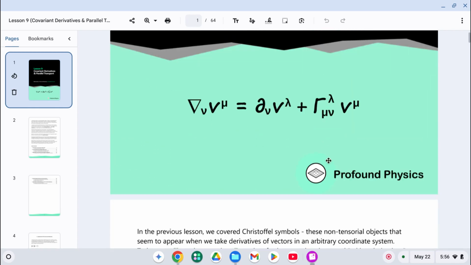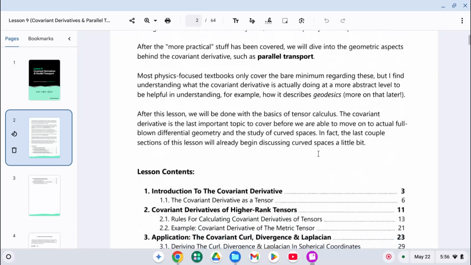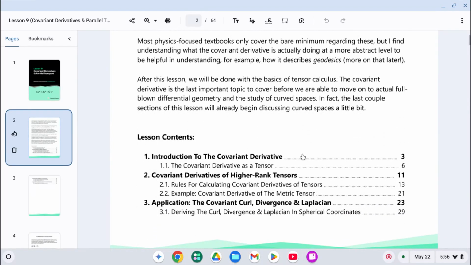Now, I can just say right off the bat, this book is excellent. Absolutely love it. One of the things is that on YouTube or maybe in some of your textbooks, you will see a little bit about the covariant derivative. This puts it all in one place. All right. So you can go from the beginning. Now you do obviously have to have already a knowledge of partial differentiation. That's important. Other than that, it's just normal calculus you're going to deal with.